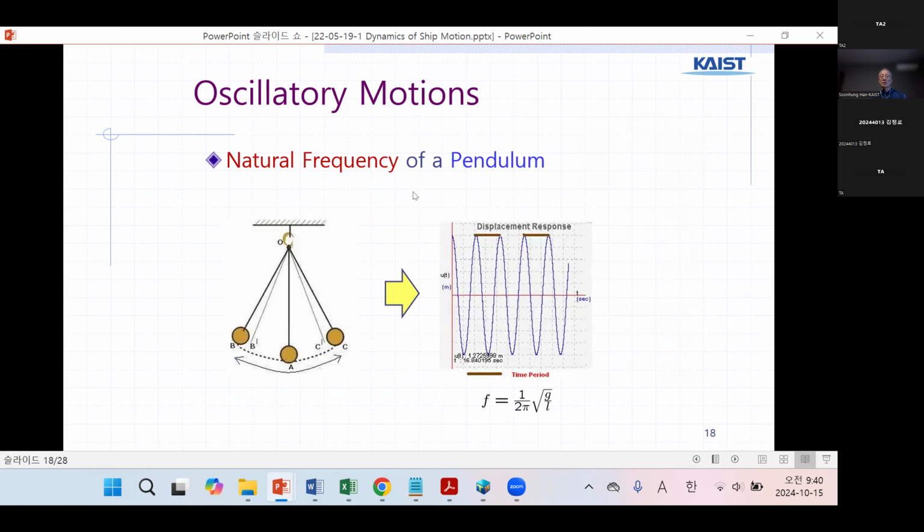So you may remember pendulum motions and natural frequency. This equation of natural frequency is the same and applies the same to a ship, and also to a mass spring system, the vibration of a mass spring. Same equation, same nature, same dynamics, but the only difference is complexity, degrees of freedom, and the components of the object are complicated.